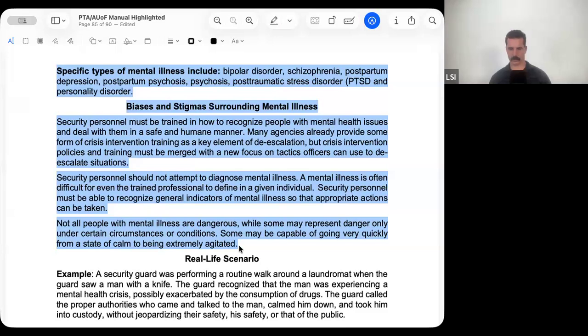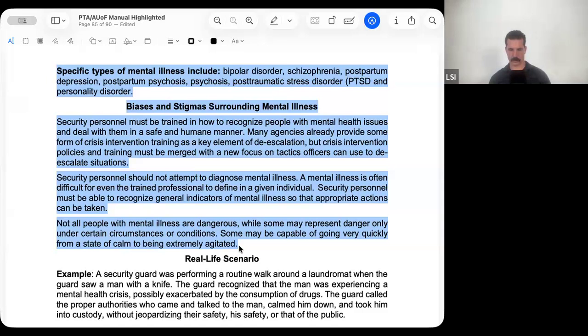Many agencies already provide some form of crisis intervention training as a key element of de-escalation, but crisis intervention policies and training must be merged with a new focus on tactics officers can use to de-escalate situations. Security personnel should not attempt to diagnose mental illness. A mental illness is often difficult for even the trained professional to define in a given individual.